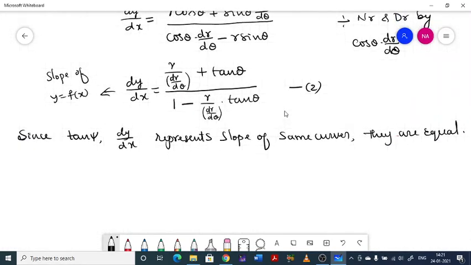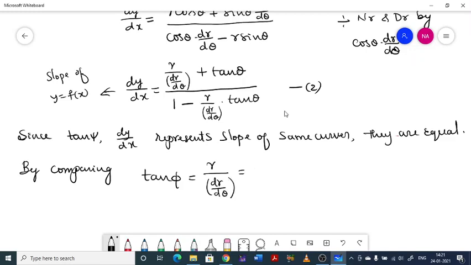So by comparing we'll be getting tan phi equal to r divided by dr by d theta, or this you can write as r into d theta by dr. Equivalently we can use cot phi equal to 1 by r into dr by d theta.